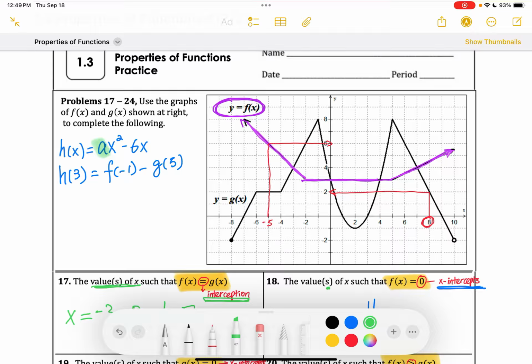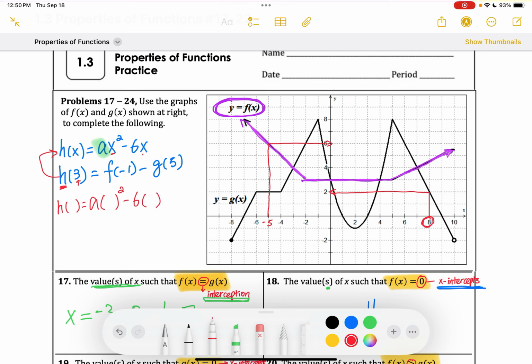Remember what we say. X tells us I'm going to use the 3 to plug it in. The h function is right here, which tells me when you see the x, we're going to put a bucket. So I know the h function is equal to a times a bucket squared minus 6 times a bucket, because whenever I see the x, I put a bucket, okay?